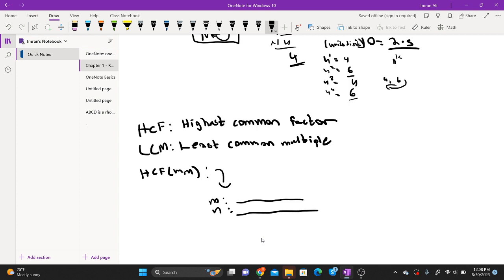And for the HCF, you look at the common prime factors. Every time you have a common prime factor, you look at the exponent that's less.